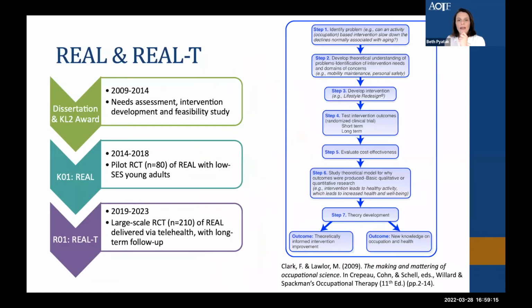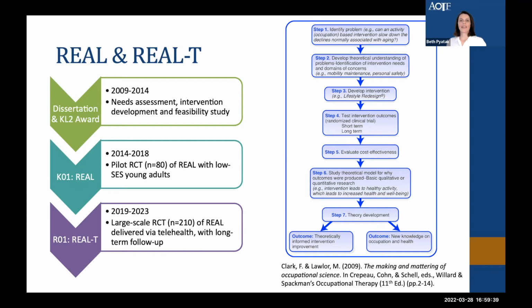And in this work, I was really strongly influenced by the blueprint for translational research, which you see on the right of the screen. And this was in Florence Clark and Mary Lawler's chapter in Willard and Spackman, where they outlined a method of developing a program of research. And I followed this from really my dissertation up until today.